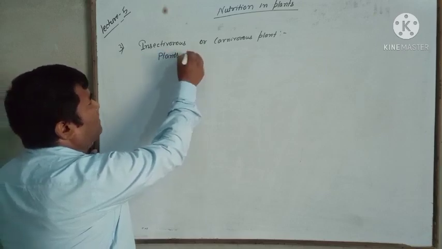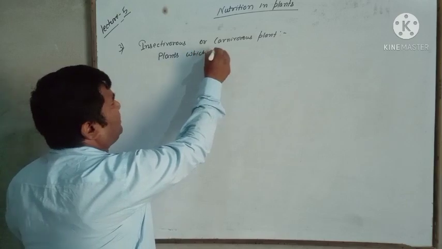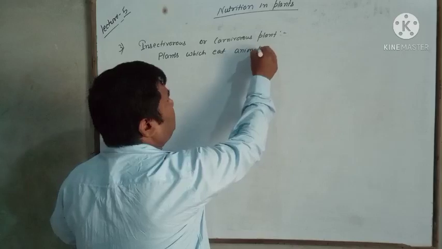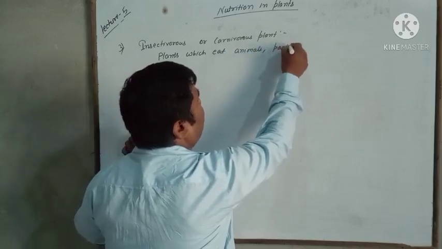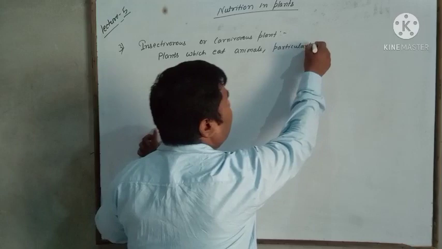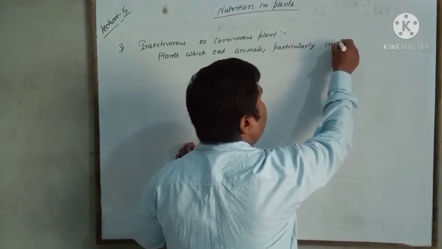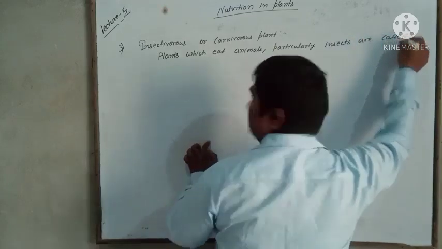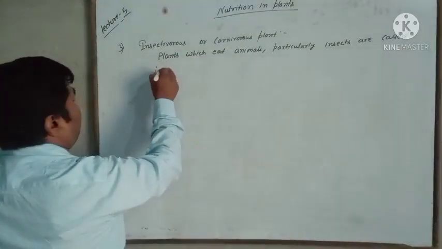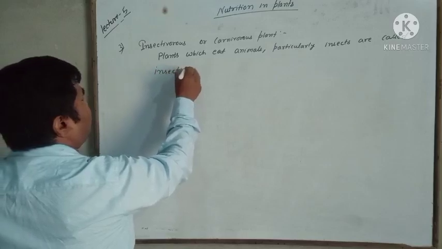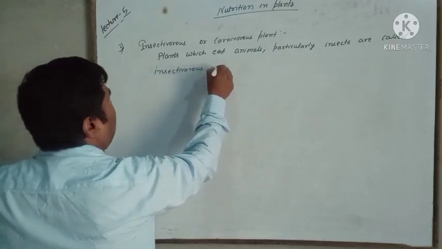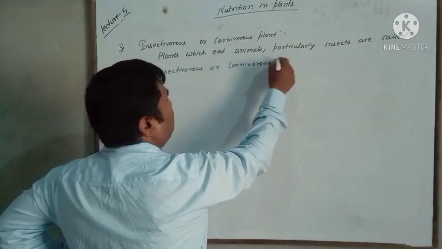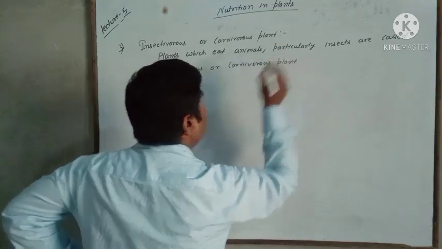Plants which eat animals, particularly insects, are called insectivores or carnivorous plants. Next point.